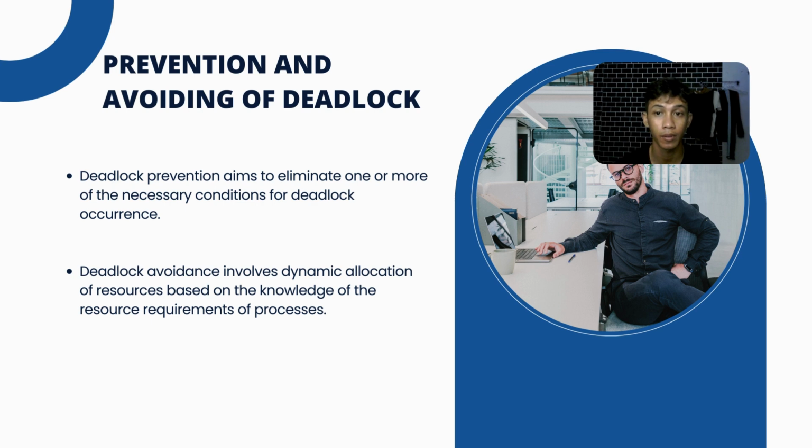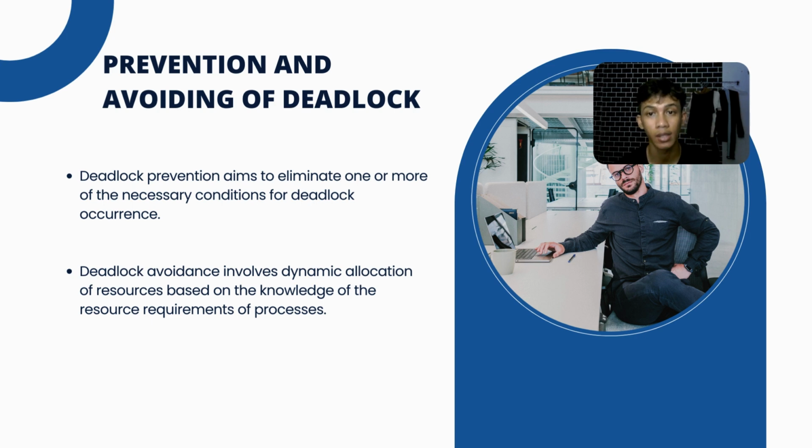Deadlock prevention aims to eliminate one or more of the necessary conditions of deadlock occurrence. For example, ensuring that a process requests all needed resources at once, or allowing preemption of resources, can prevent deadlock. And next is deadlock avoidance.